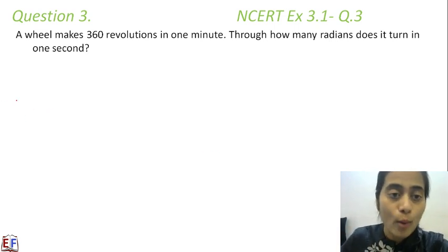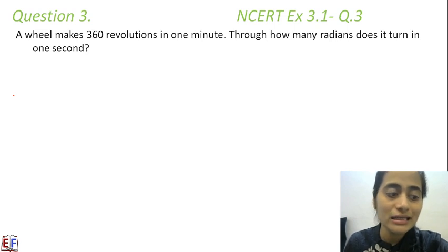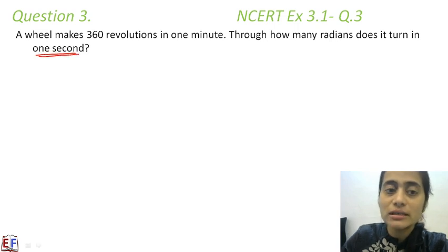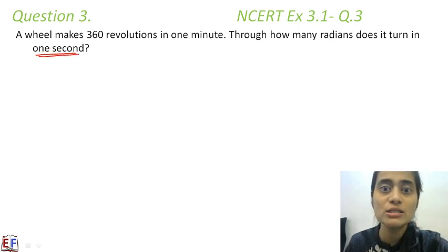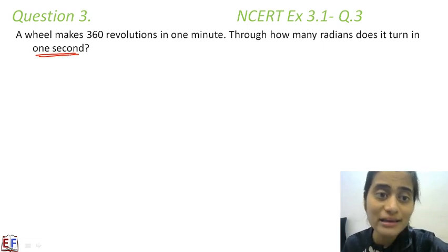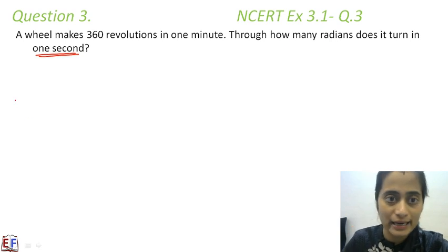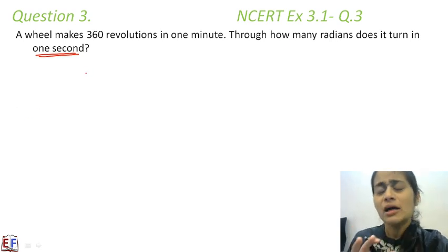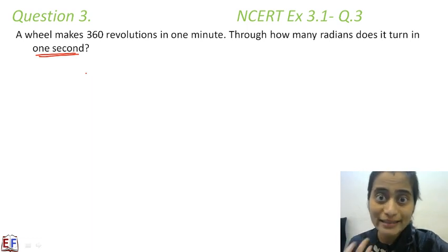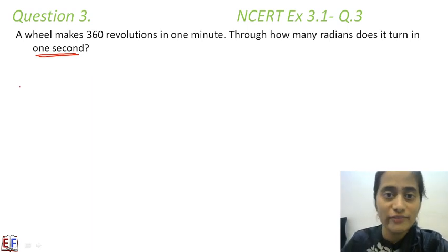एज इन 1 मिनट इट इज मेकिंग 360 revolutions, राइट? बट हमें जो निकालना है वो कितने टाइम के लिए निकालना है? द क्वेश्चन दैट वी हैव टू डील विद इज फॉर 1 सेकेंड, right? So we need to understand that how many revolutions are happening in 1 second. Correct? So see, reading and interpreting the question correctly is very important. Only then you will know what actually you need to find out, right?